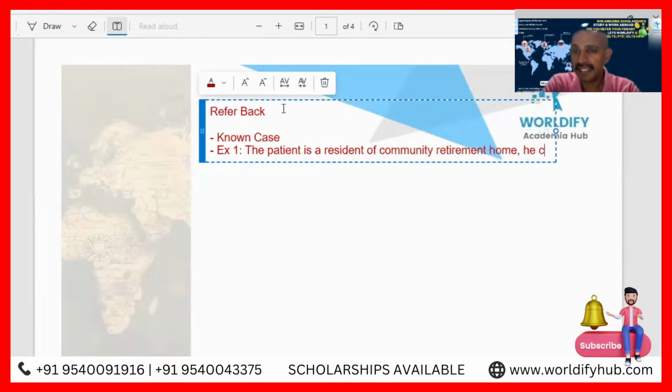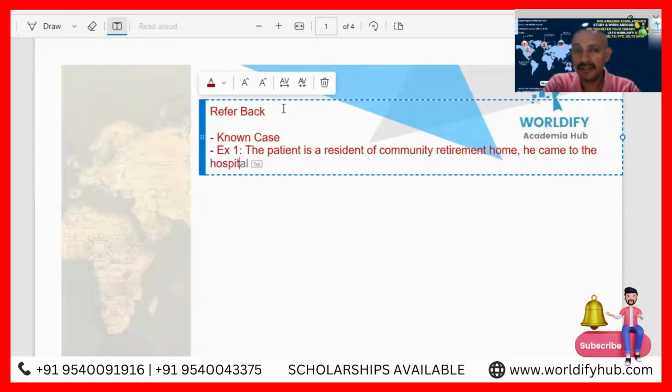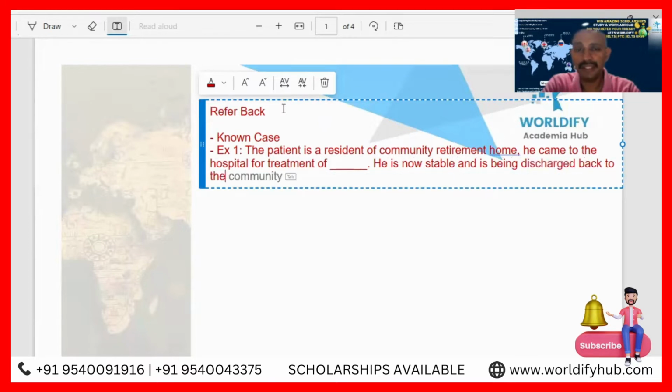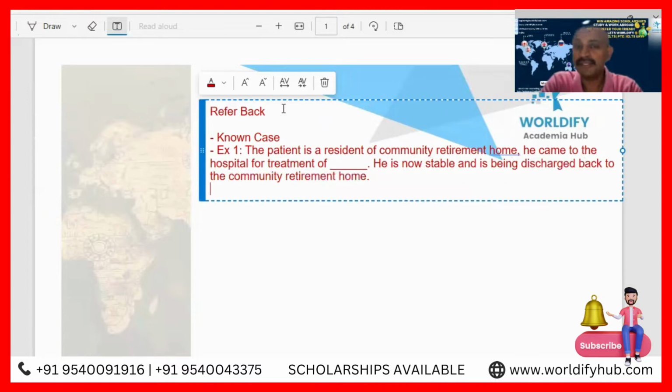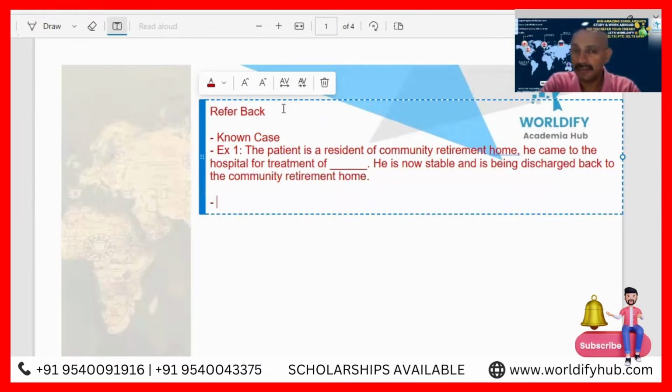He came to the hospital for treatment of a medical condition, he is now stable and is being discharged back to the community retirement home. This is our first example of a known case.